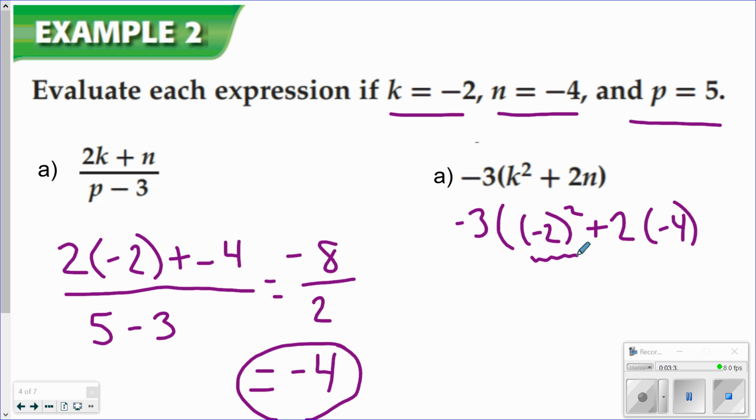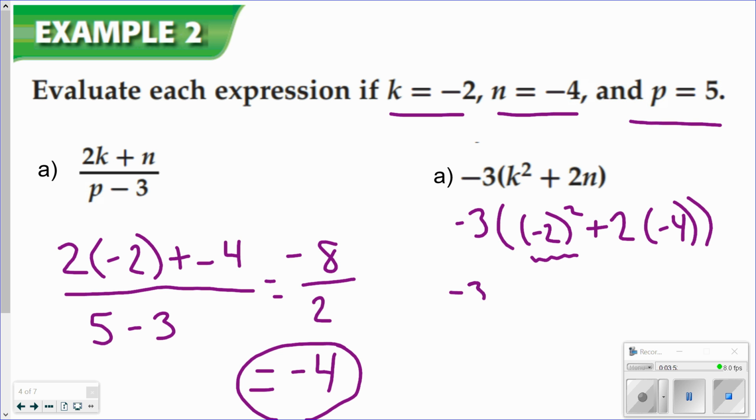If we plug in negative 2 squared into our calculator, it's going to lie to us and tell us that that is negative 4. But we know that a negative times a negative is a positive. So when you plug this in your calculator, you really want to make sure it looks just like this, or break it apart.